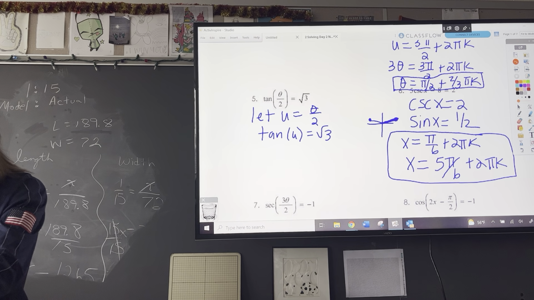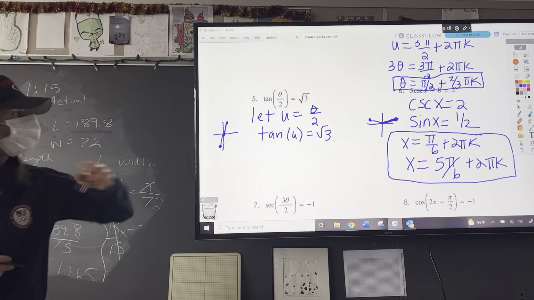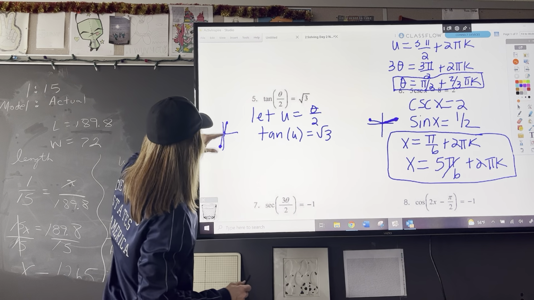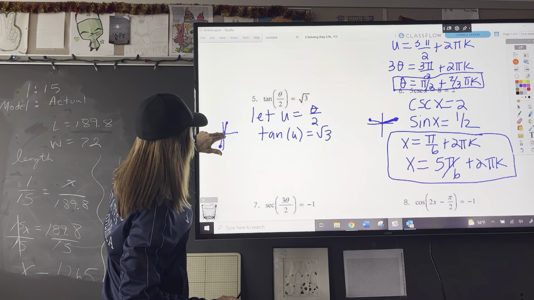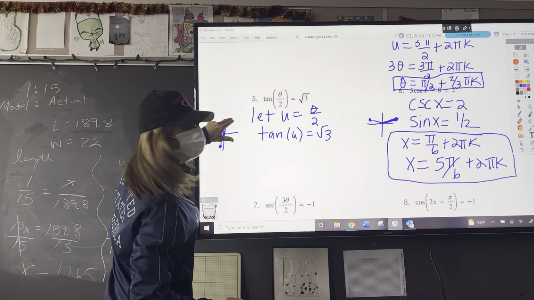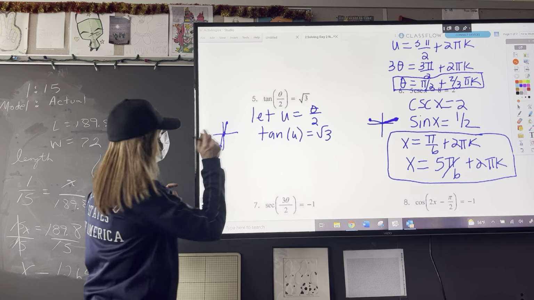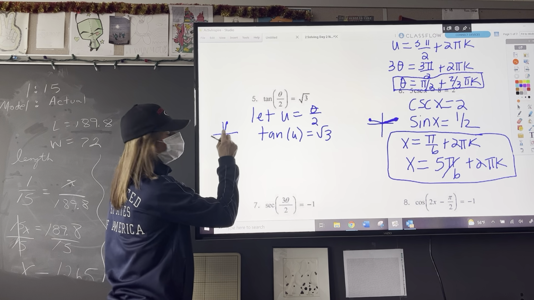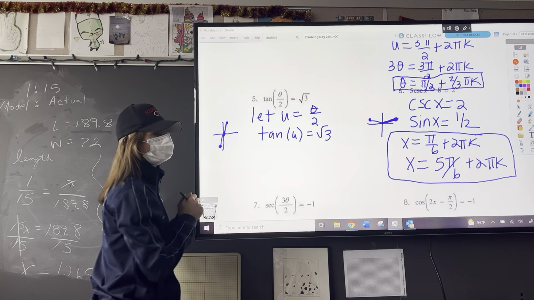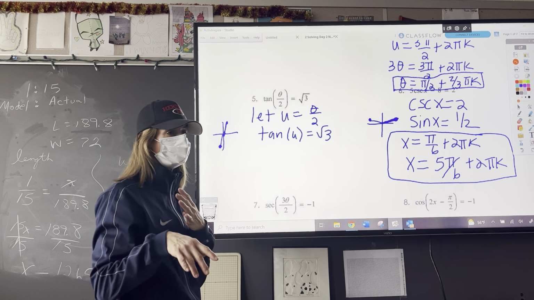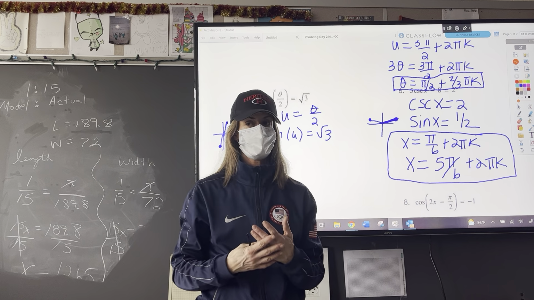And where's the tangent positive? In quadrant 1 and also quadrant 3. Because it's positive in the first quadrant because sine and cosine are both positive. And it's positive in the third quadrant because sine and cosine are both negative. So negative divided by negative is a positive, and a positive divided by positive is also a positive.